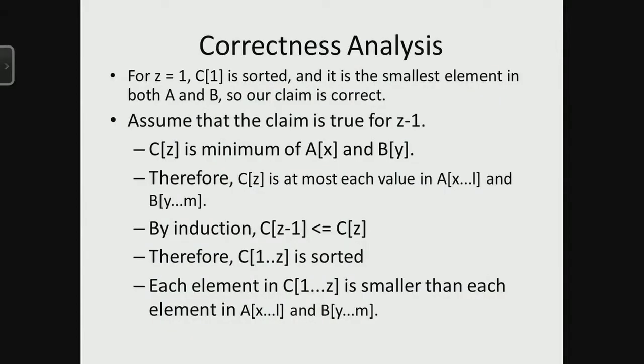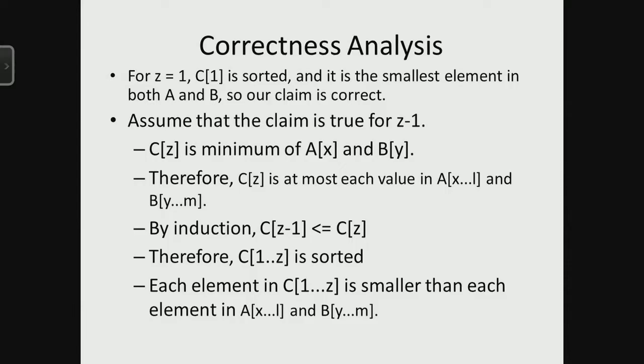Right. So, the first claim is that C of z is the smallest element among A of x and B of y. This is indeed correct, because if you look at the steps in the algorithm, we choose the minimum of the elements A of x and B of y and assign it into the value C of z, and therefore C of z is indeed the minimum.